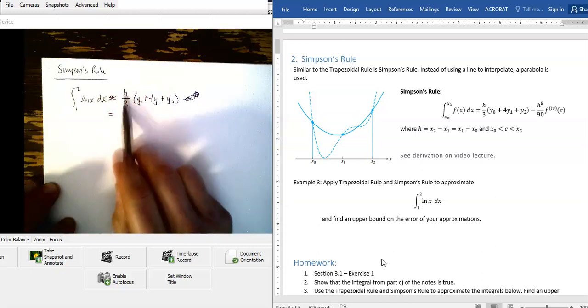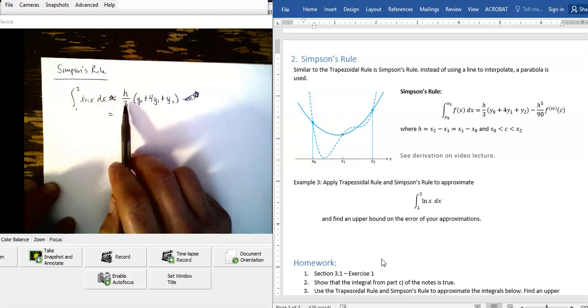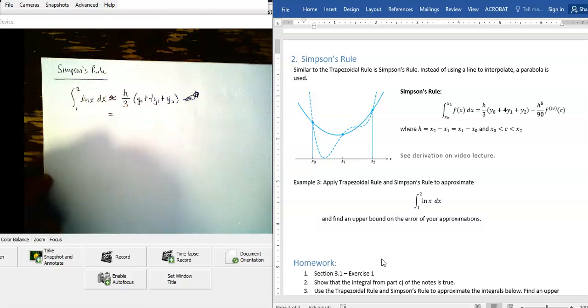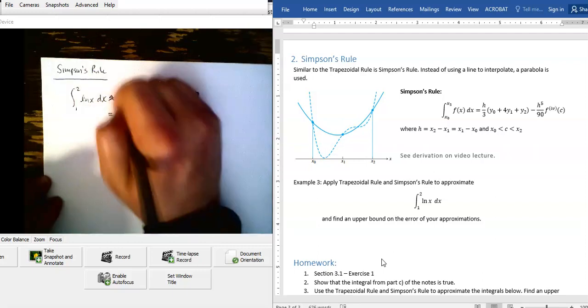So h again is, remember, x2 minus x1. So in this case, h is now 0.5, right?